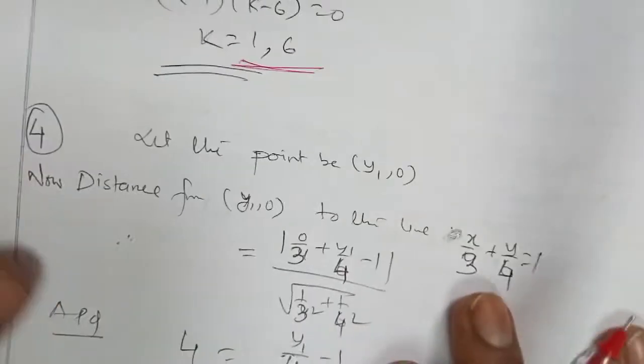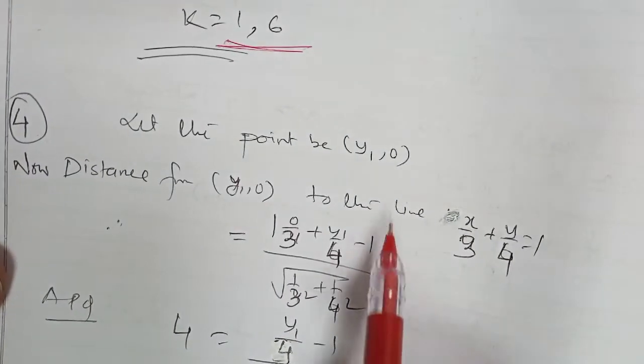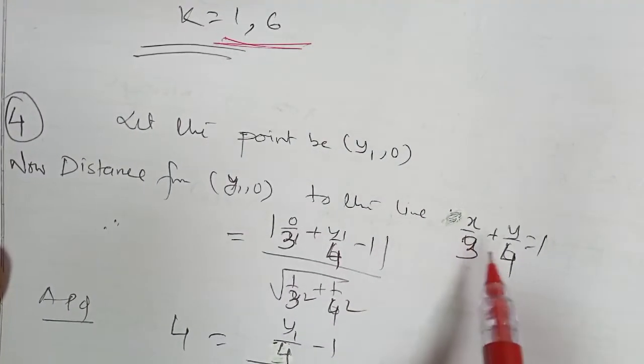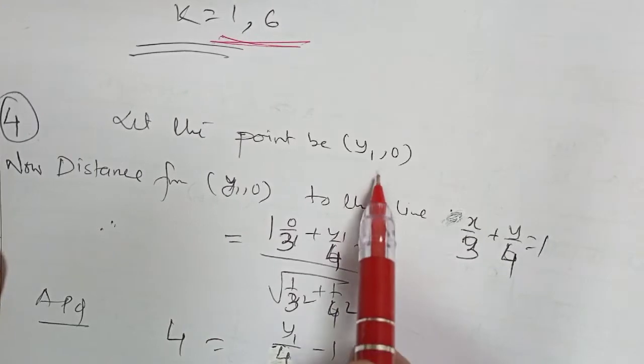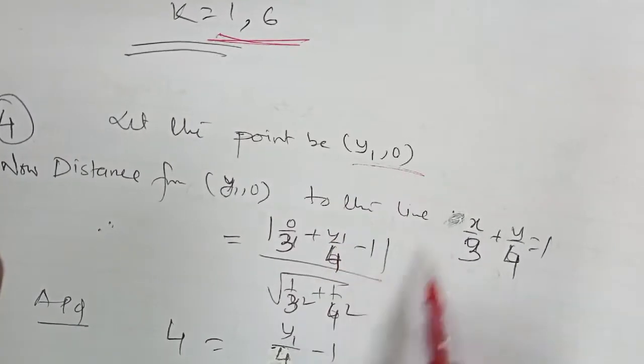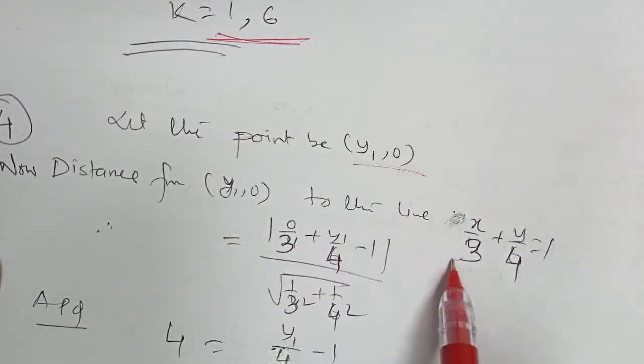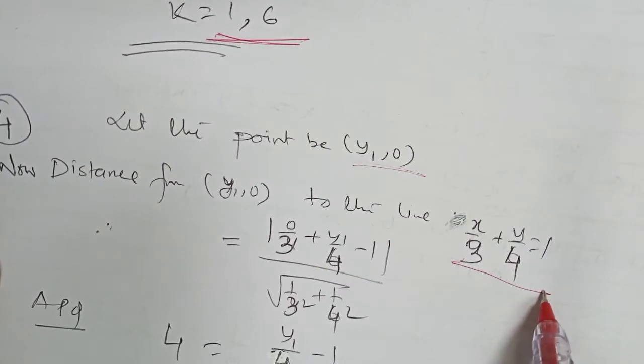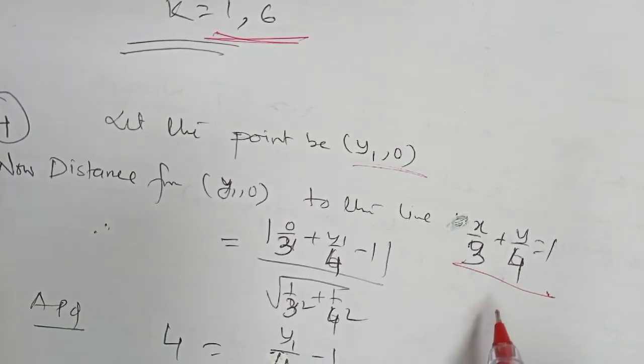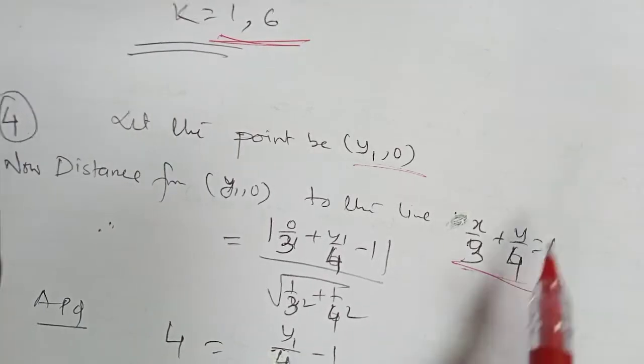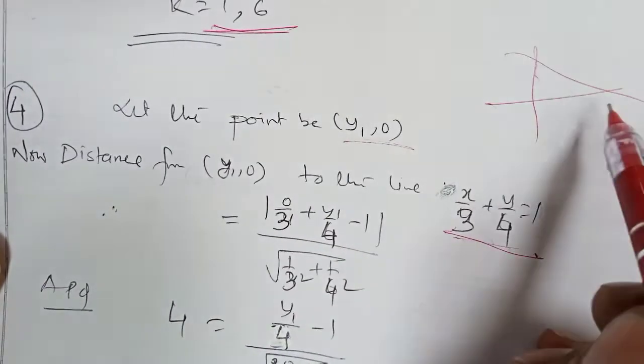Now the last question. We have to find the coordinate points on the y-axis whose distance from this line is 4. Points on the y-axis. Okay. So the distance from this line is 4. Suppose this is the line.